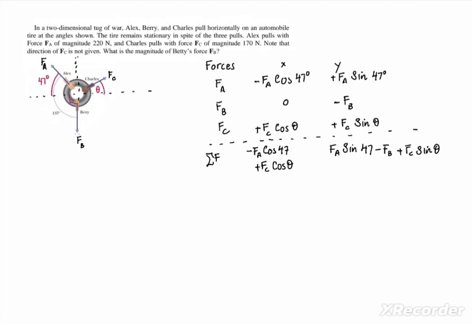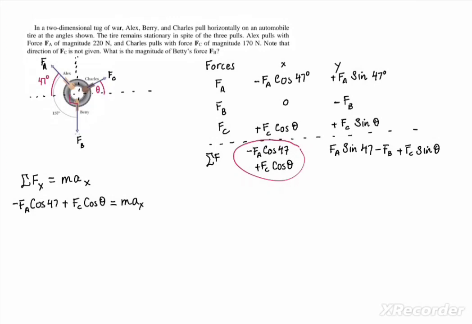Let's look at Newton's second law in the x direction. We have summation of Fx equals max. So what we have for F sub x is this part here. We have negative FA cosine of 47 plus FC cosine of theta, and that is equal to mass times acceleration in the x direction.